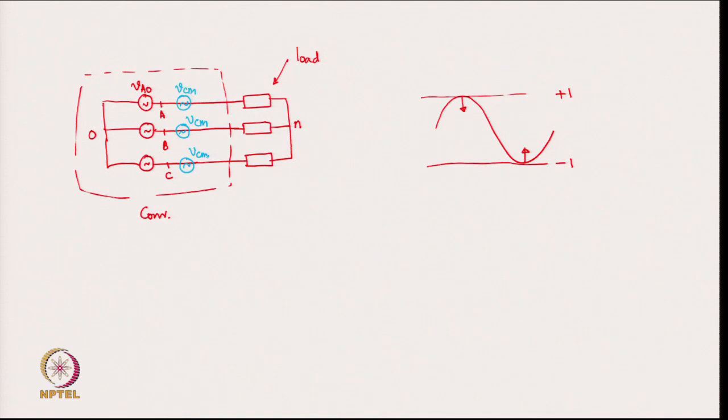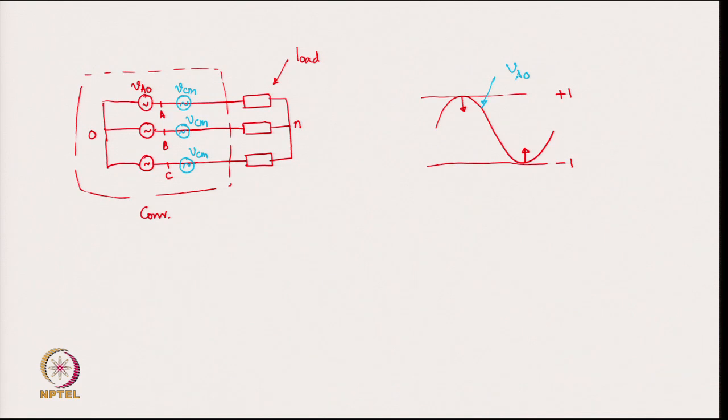So, we are adding the same common mode voltage to all the 3 phases. This is the VAO modulating waveform, the VAO reference waveform, to which we are going to add a common mode voltage.